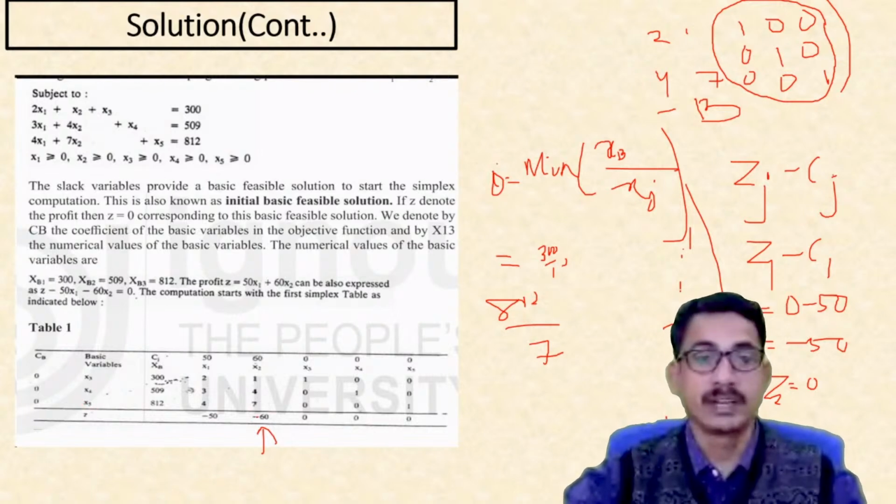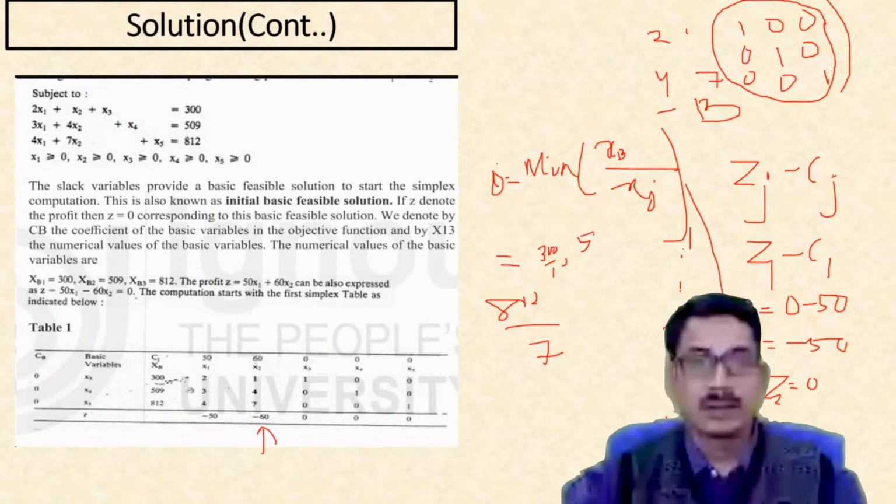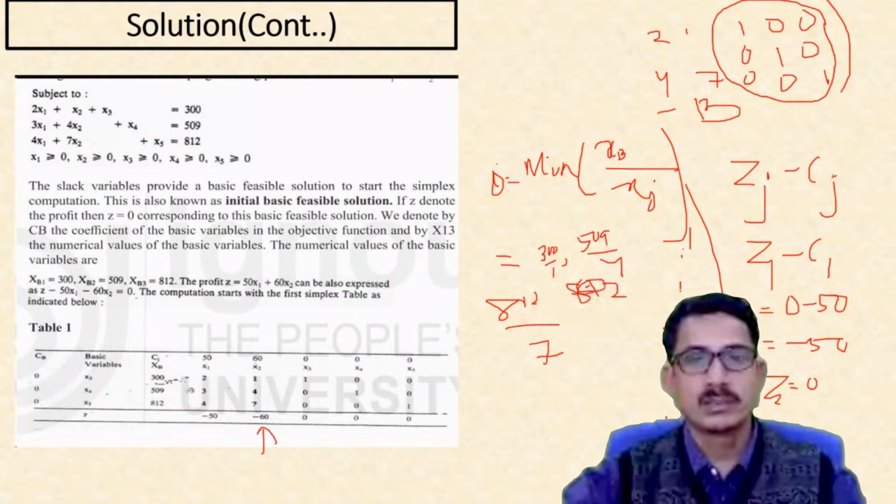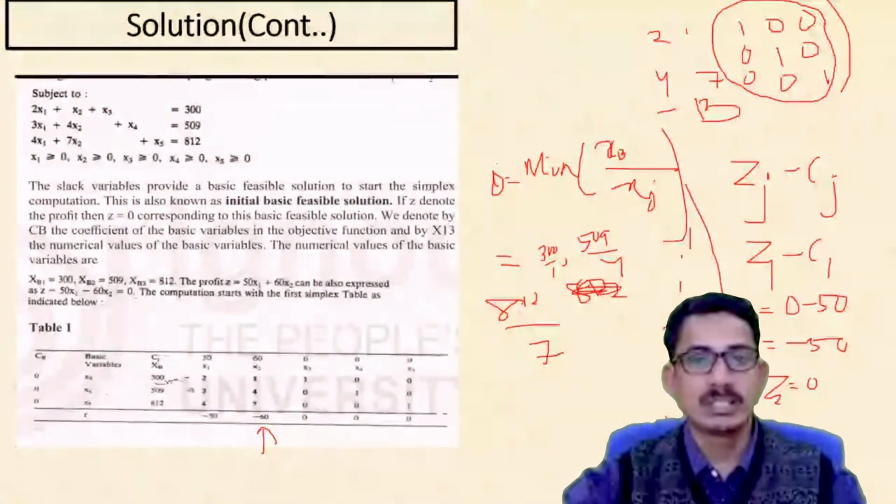Repeat again. So here x5 will be out. Why? Because the theta value, which one is minimum? Because you find 300 by 1, 509 by 4, 812 by 7. If you compare, obviously this one will be lesser compared to the others.